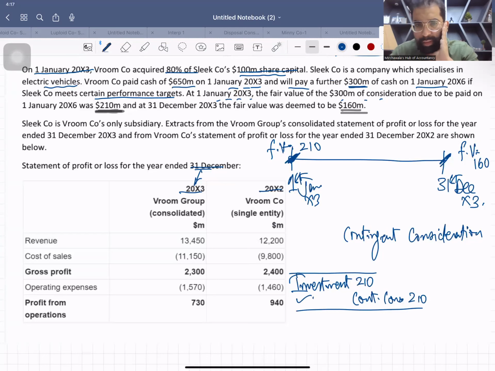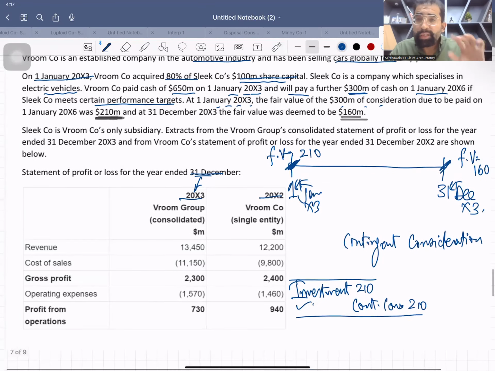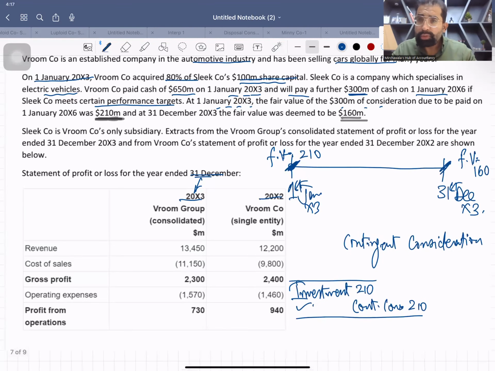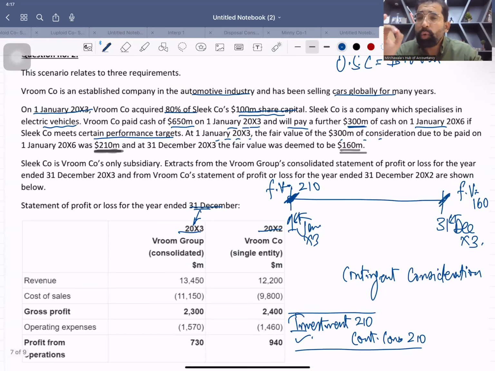Okay. Now, two things will be used as the COI, cost of investment, in this question. One is cash consideration. My respected students, see the screen, that is 650 million.